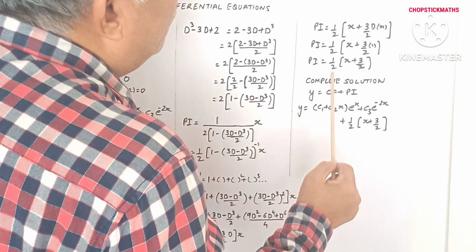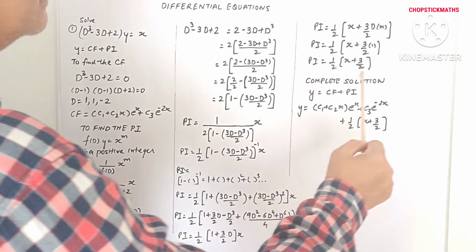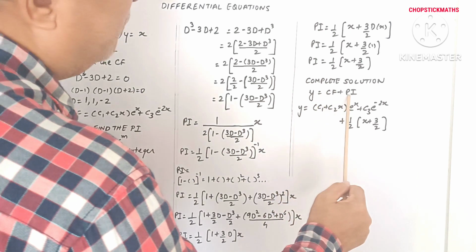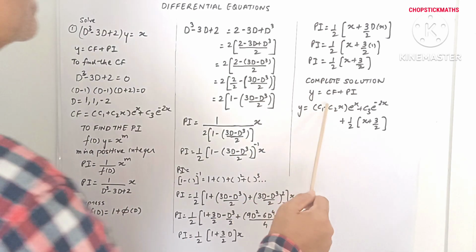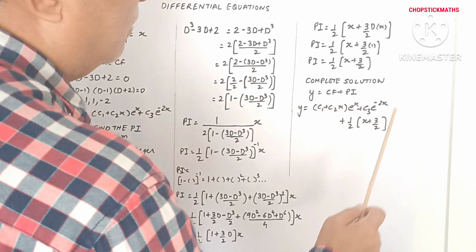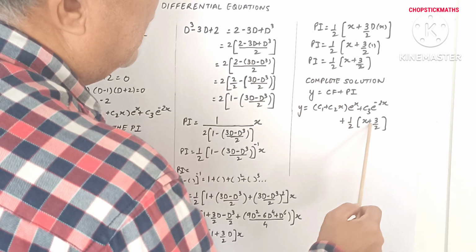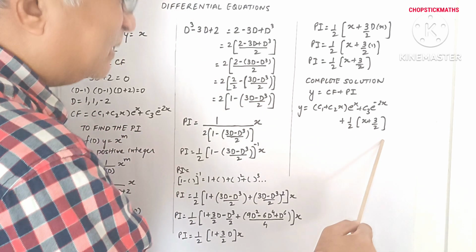So PI would be 1 upon 2 into (x plus 3 by 2). So this is the PI. The complete solution is y is equal to CF plus PI. So y is equal to CF, which is (c1 plus c2 x) into e raised to x plus c3 into e raised to minus 2x, and PI is plus 1 by 2 (x plus 3 by 2), which is the complete solution. Thank you very much.